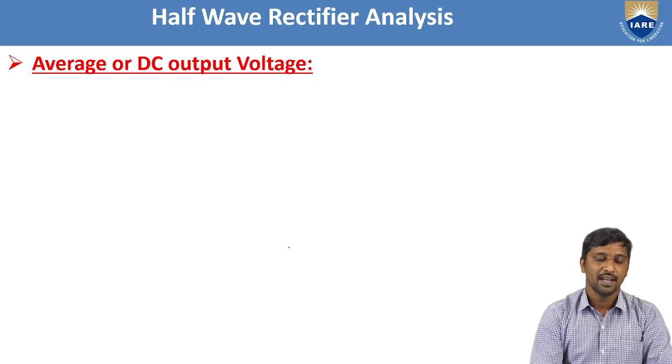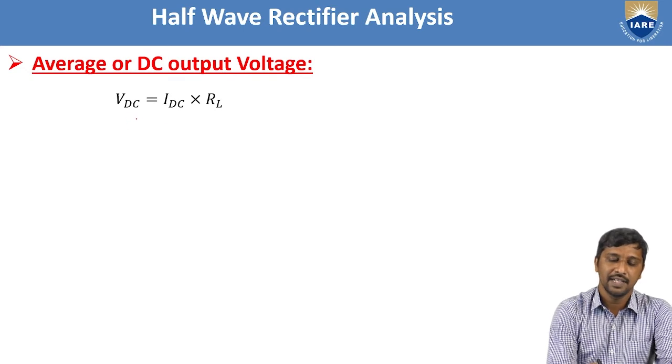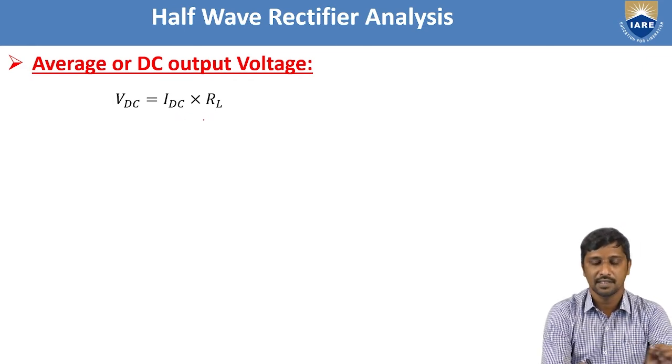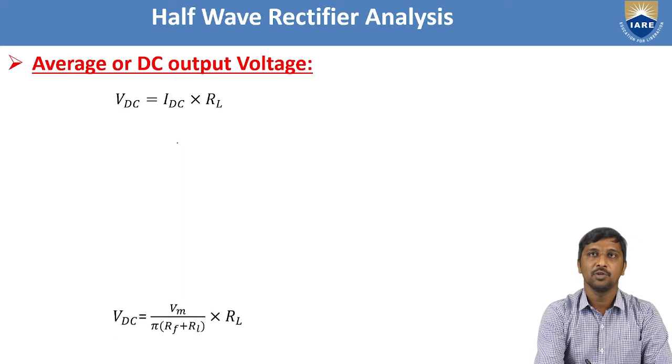Now the second parameter is we need to calculate the DC output voltage. It is represented as VDC here. In general, VDC is equal to the product of IDC and the load resistance RL. Now we got this IDC value. What is the IDC value?